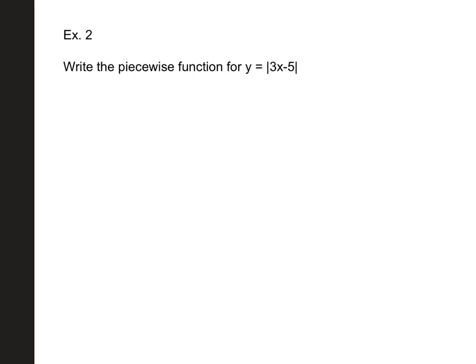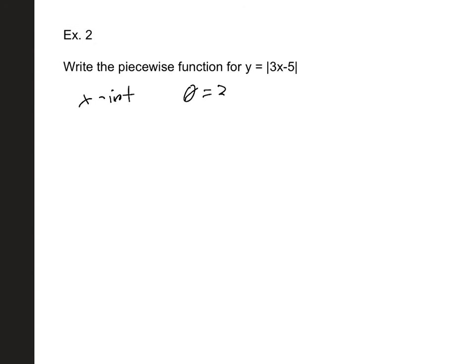Now, exercise 2. Write the piecewise function y equals the absolute value of 3x minus 5. Let's try and get there by doing the minimum amount of algebraic work. One thing we will definitely need is the x-intercept. So let's find that. So we want to find the x-intercept, so we're going to make y equal to 0.